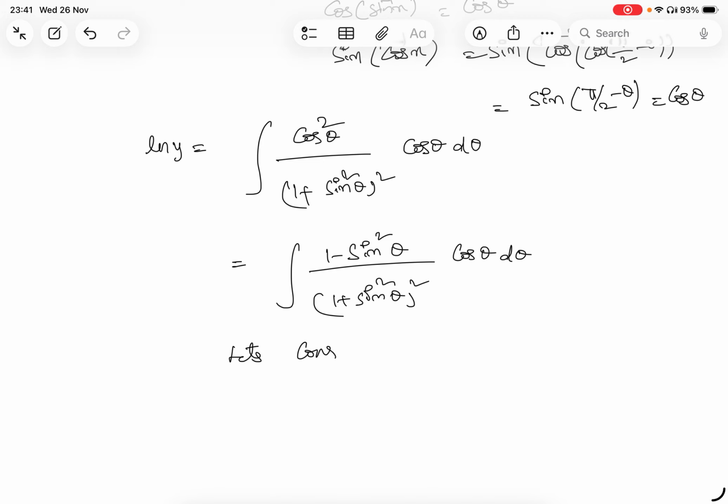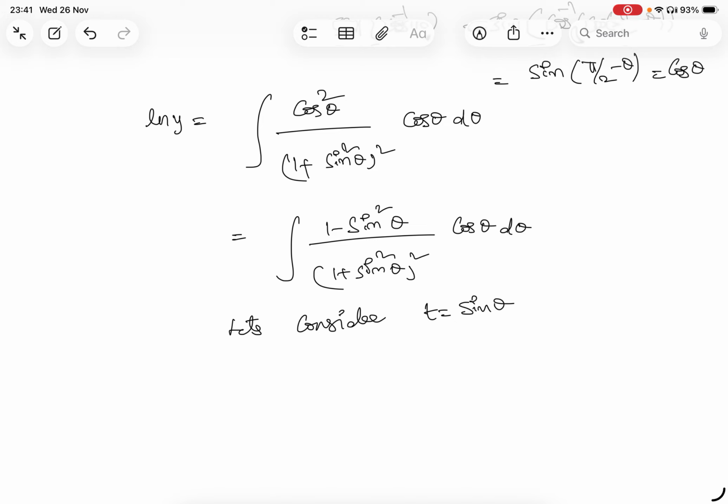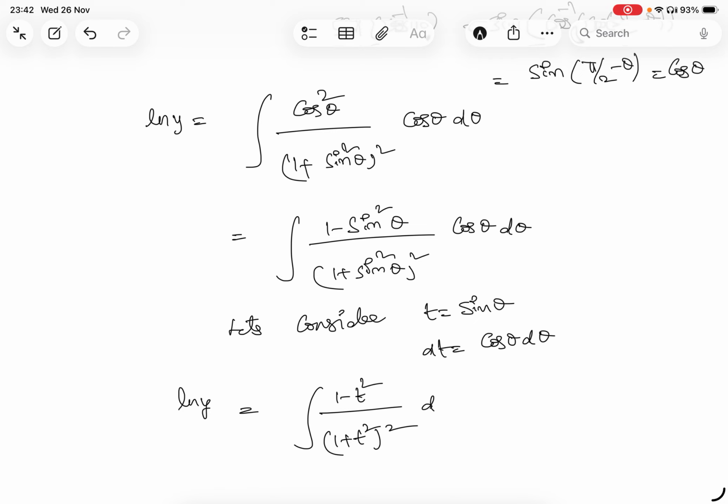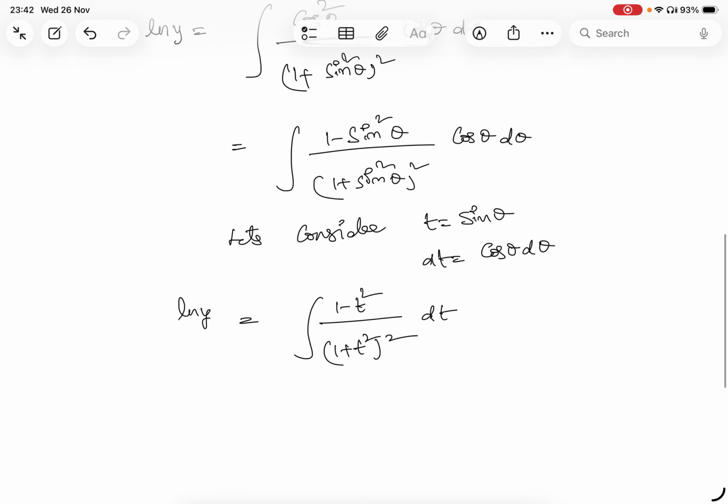Let's consider t equal to sine theta. Fine. Now dt becomes cos theta d theta. Then ln y equal to integral of (1 minus t square) by (1 plus t square) whole square dt. Fine.